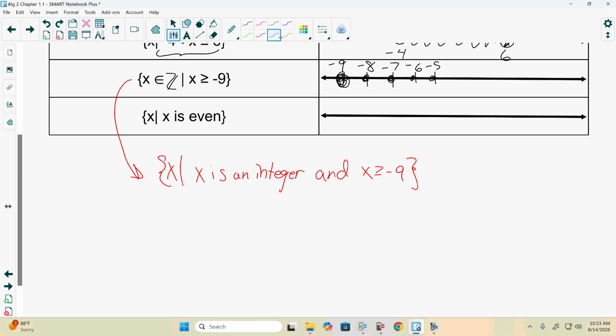And yes, we could combine the symbols I just showed you: for all real numbers X, such that X is an element of the integers, and X is greater than or equal to negative 9. But if we're going to do that second way, we might as well just stick with the first one to begin with. We're just having to write more for the sake of writing more.